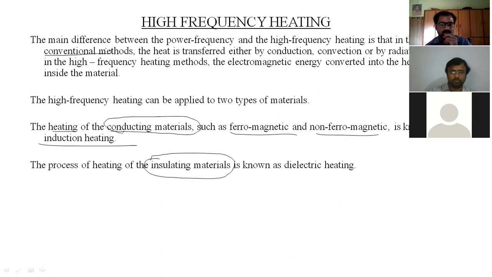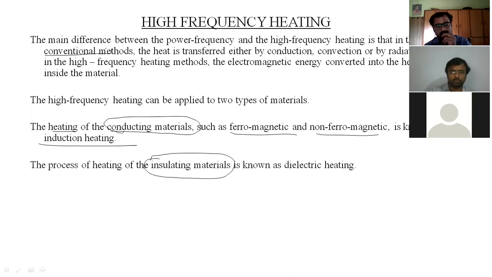We use these conventional methods only in power frequency heating, where you can get up to 20 watts per square centimeter. About 20 watts of heat is supplied with conventional methods.